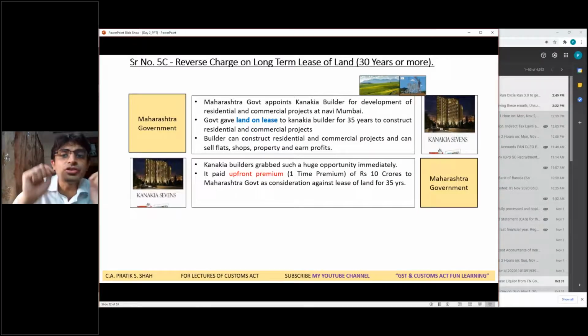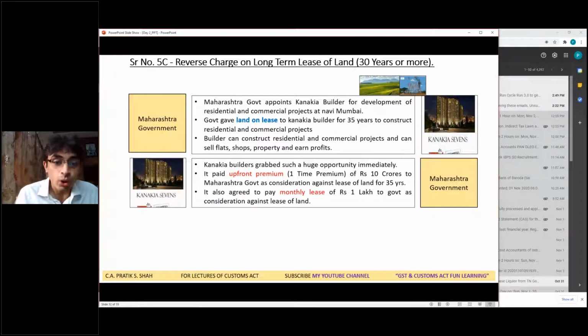For this lease of land, Kanakya had to pay an upfront premium of rupees 10 crore, meaning a one-time premium, which it paid to the Maharashtra government. And it also paid 1 lakh rupees per month, every month till 35 years.